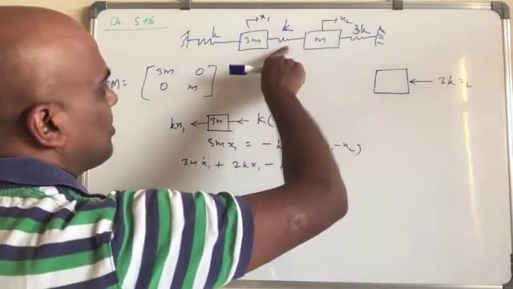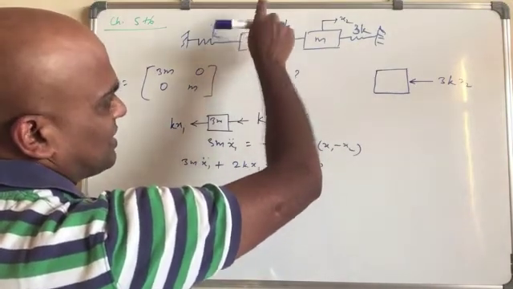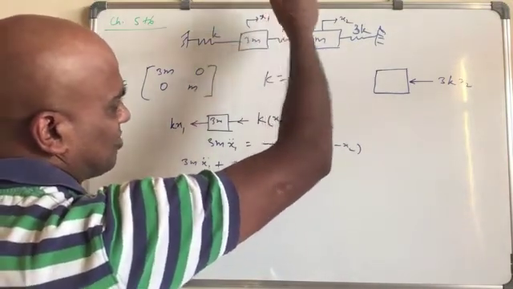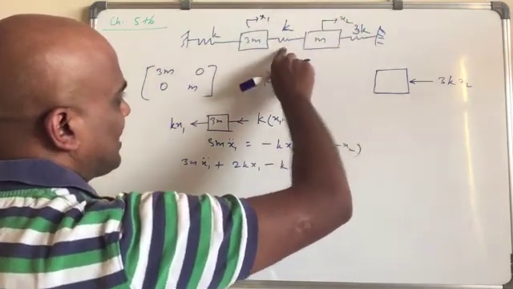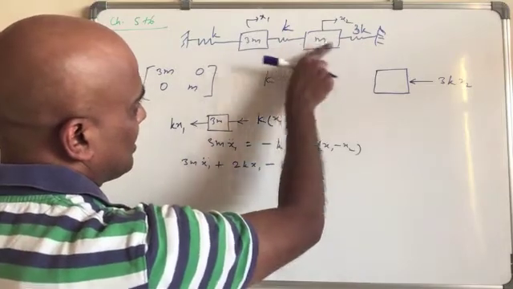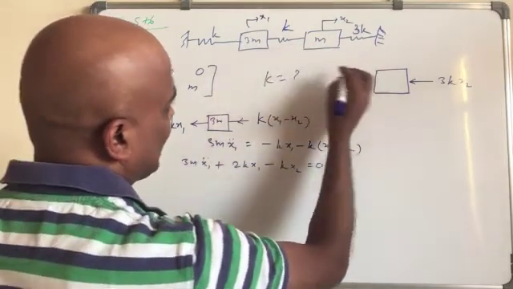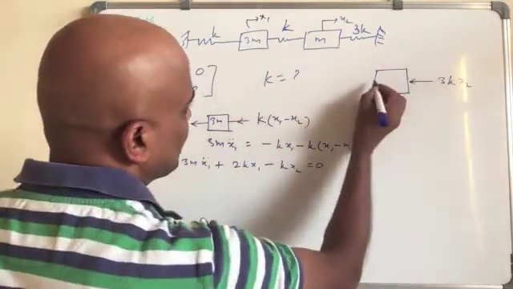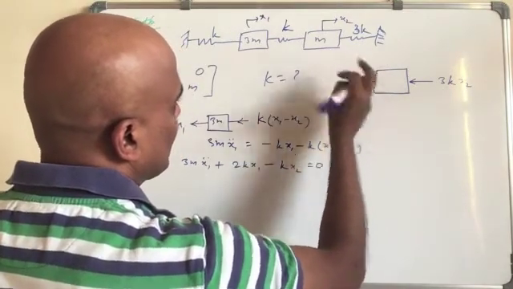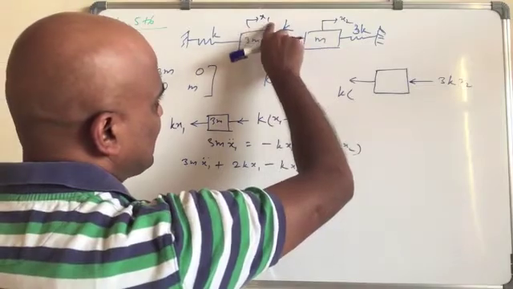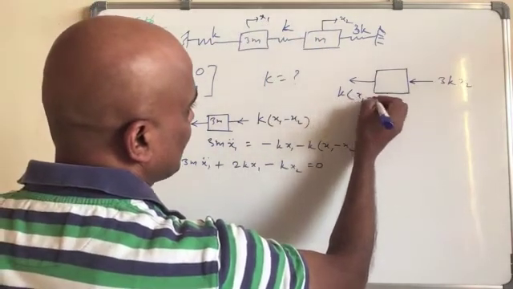Assuming x1 is 0, or x1 is less than x2, this is going to stretch, and since this is stretch, this will go backward. How much? k, and since this is 0, it will be k times x2 minus x1.